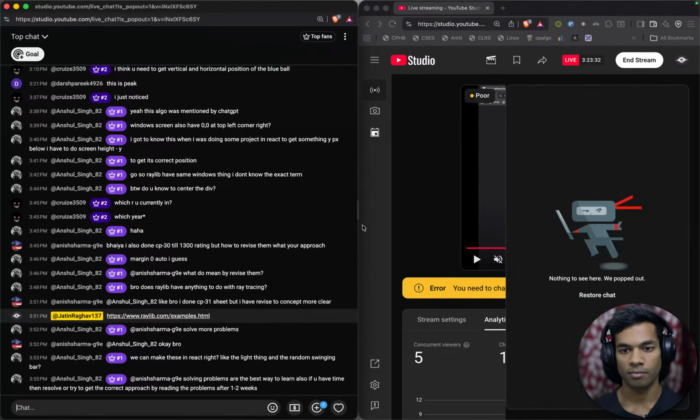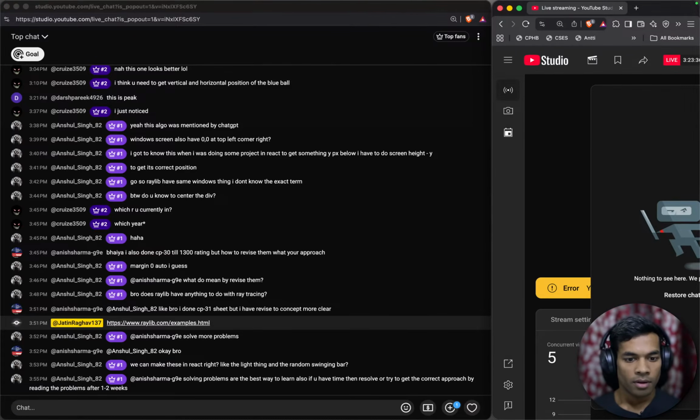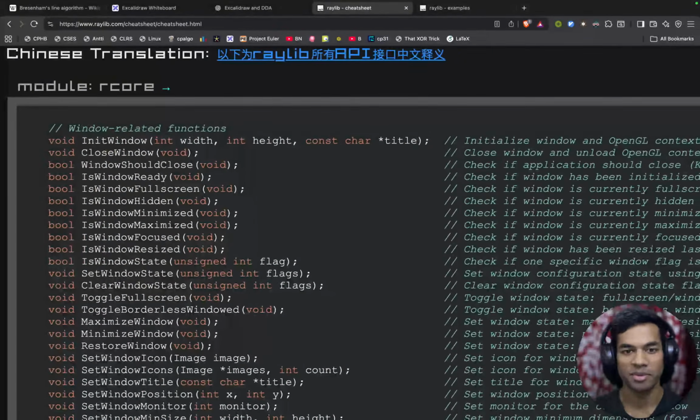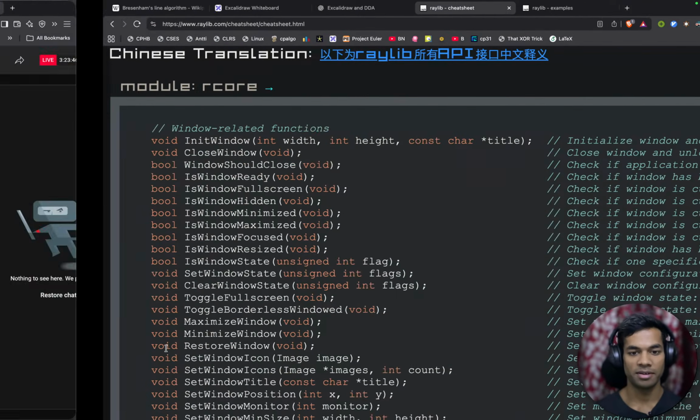Why is this here? Can we make this in React, like the light thing and the random swing bar? That is not random, that is chaotic. It is not random. There is a little distinction.